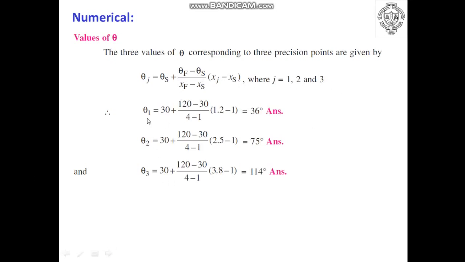So just put the formula, consider j as 1, you will get theta 1 is equal to 30 plus 120 minus 30 divided by 4 minus 1 into 1.2 minus 1.